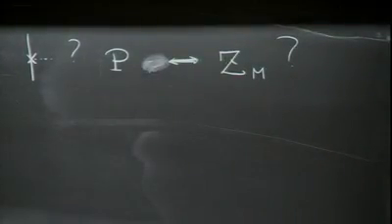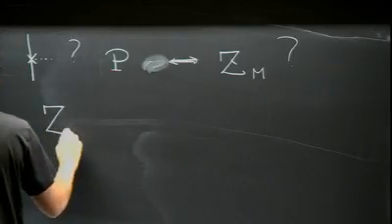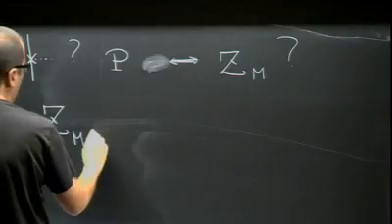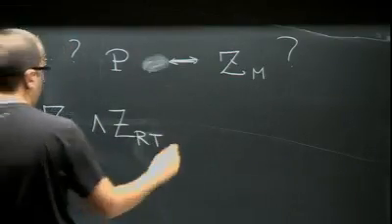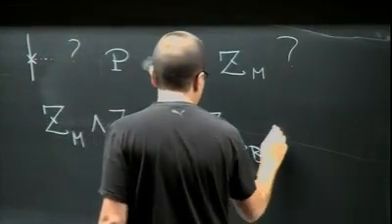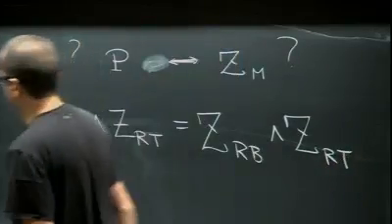Now, what do we know about this middle twistor? Let me write a couple of things. For example, we know that this middle twistor wedge the right top is the same as the right bottom wedge with the right top. Right?